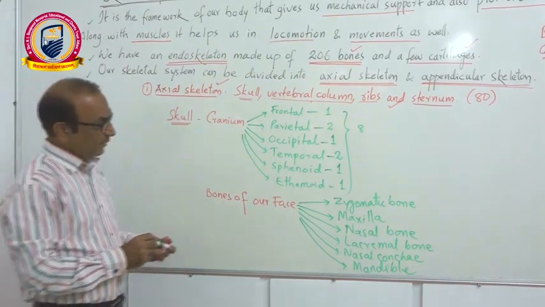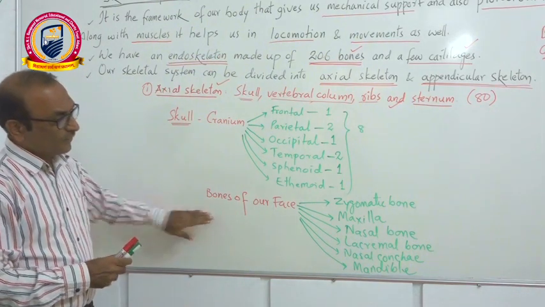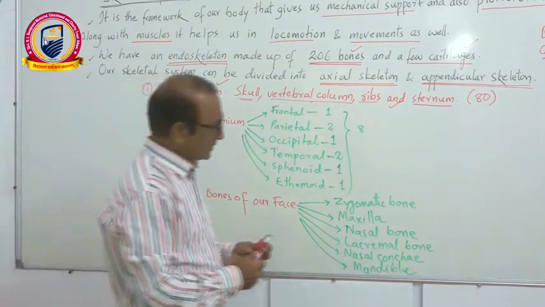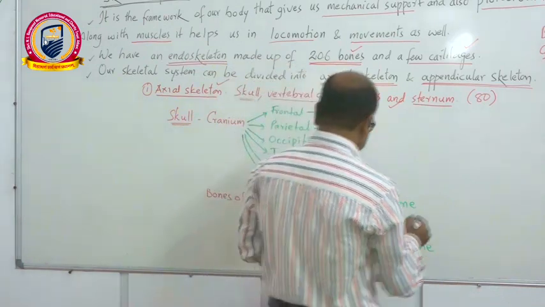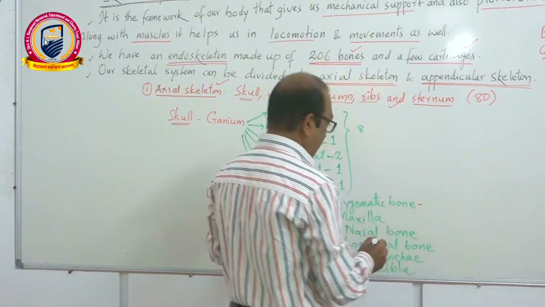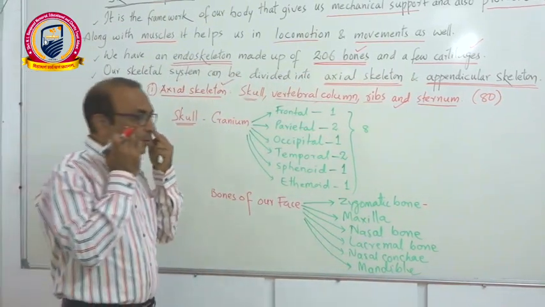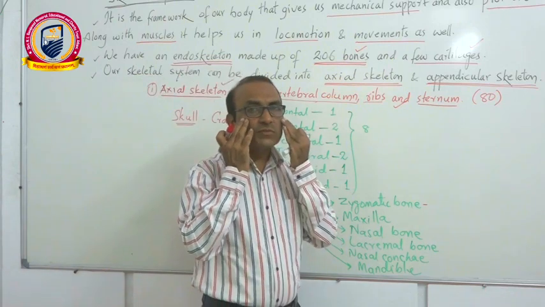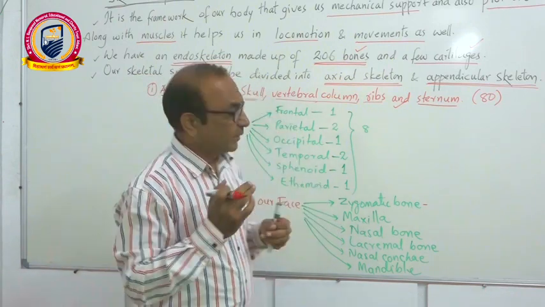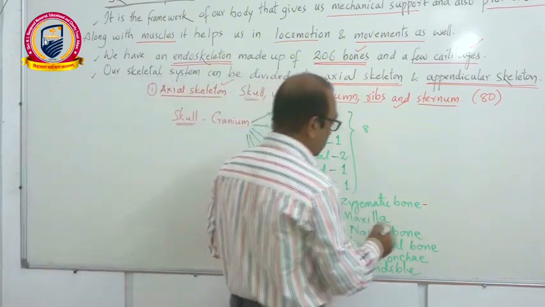So these are the facial bones or bones of our face. Let's see their number. There are 2 zygomatic bones. They are called cheek bones, one on either side below the eyes. So there are 2.